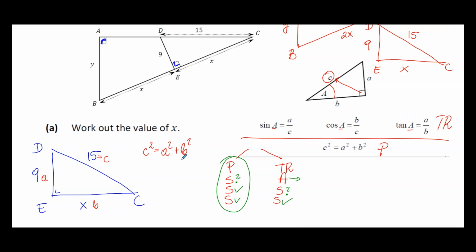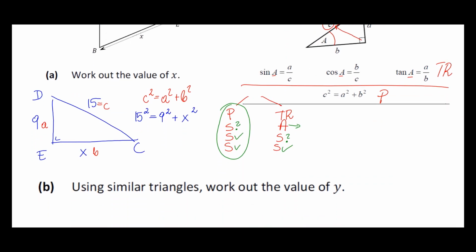It doesn't matter which one is a, which one is b for Pythagoras, because we are adding those values. Okay, so let's replace the letters with numbers from our triangle. So c is 15. So we are saying 15, don't forget power of 2, equals a, which is 9, and that is also taken to the power of 2, plus b, which is my x, and x is taken to the power of 2 as well.